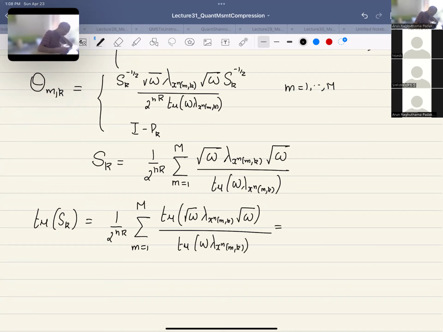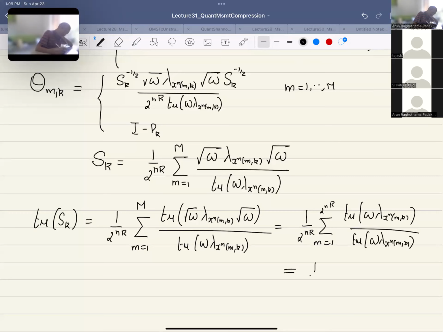By cyclicity of the trace, this is, for m equal to 1 to 2 power nr, trace of the numerator, root omega I'll bring on the left, so it becomes omega lambda xn of m comma k, divided by trace of omega lambda xn of m comma k. So this is 1 by 2 power nr summation m equal to 1 to 2 power nr times 1. So that is 1. Okay, so Sk is a good guy.